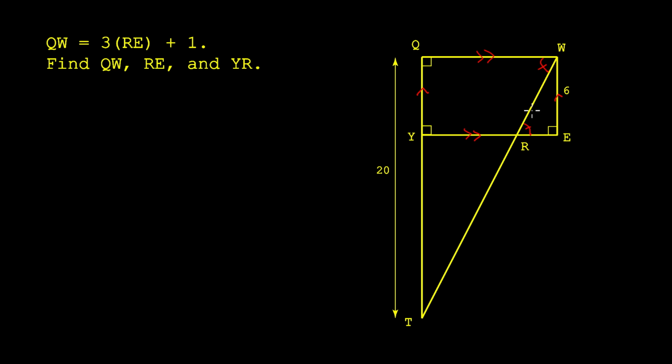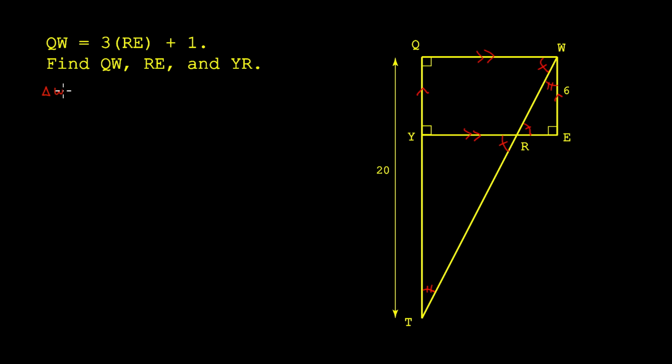Then angle WRE is congruent to angle YRT because these are vertical angles. And then angle EWR is congruent to angle WTQ over here. And again, just to make it visual, we make a Z over here. So we've got a Z, and these two angles are congruent.